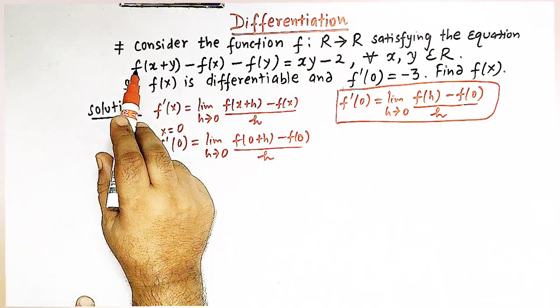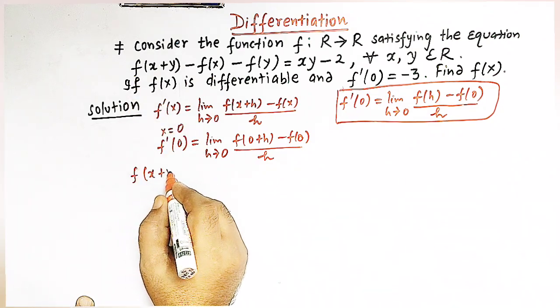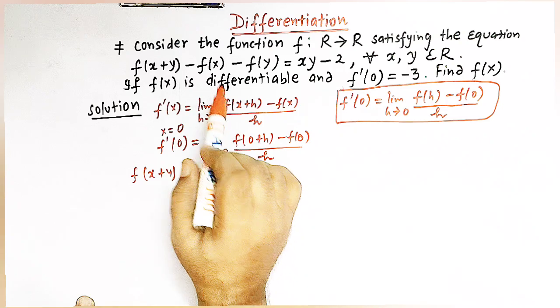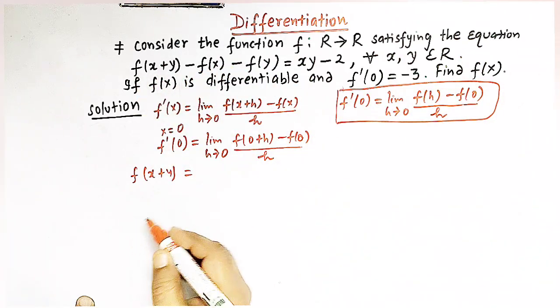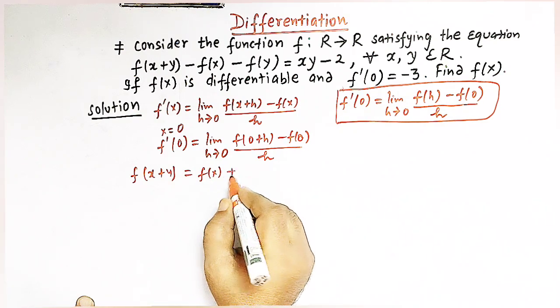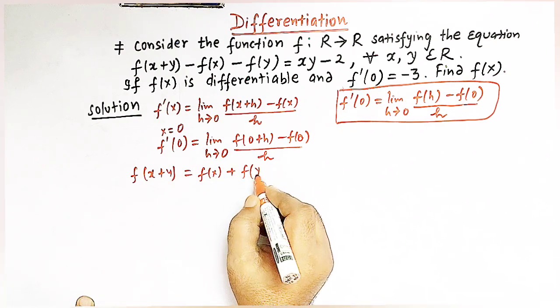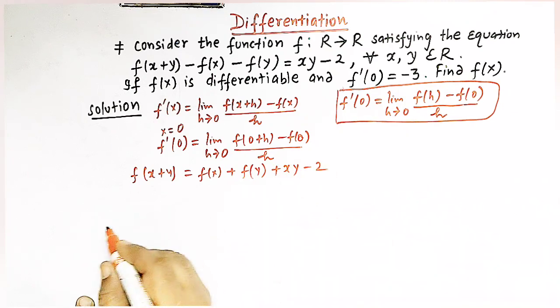So let us write the equation: f of x plus y is equal to, let us take these two terms to the right hand side. So we have positive f of x, then here we have plus f of y, and then we have xy minus 2, right?